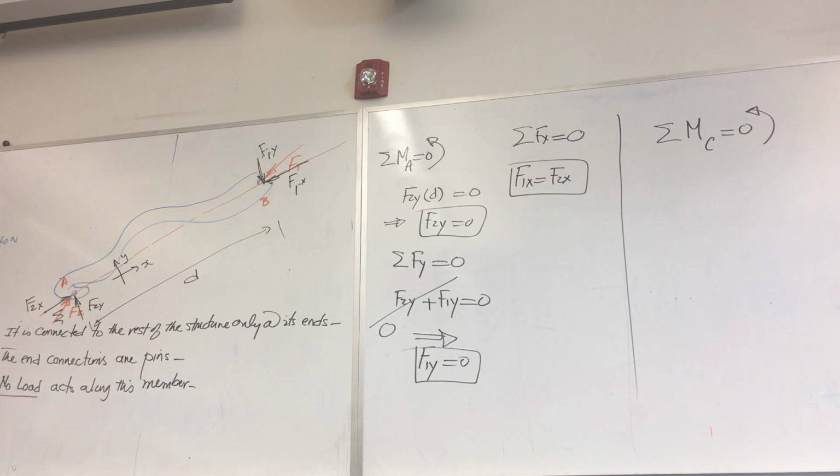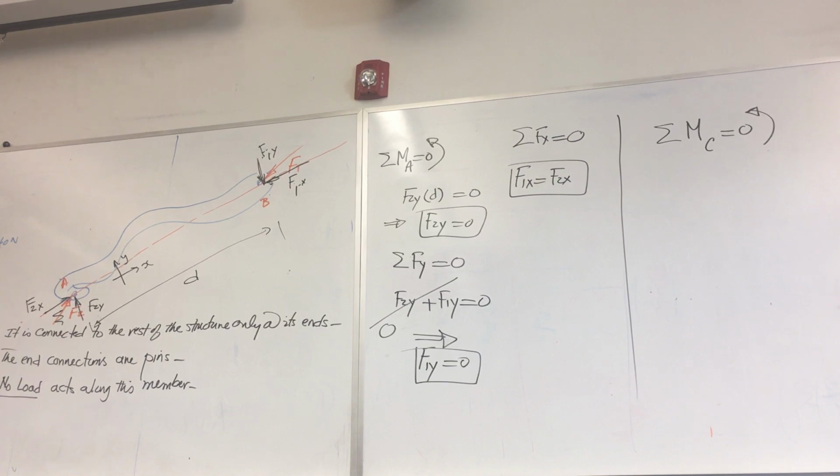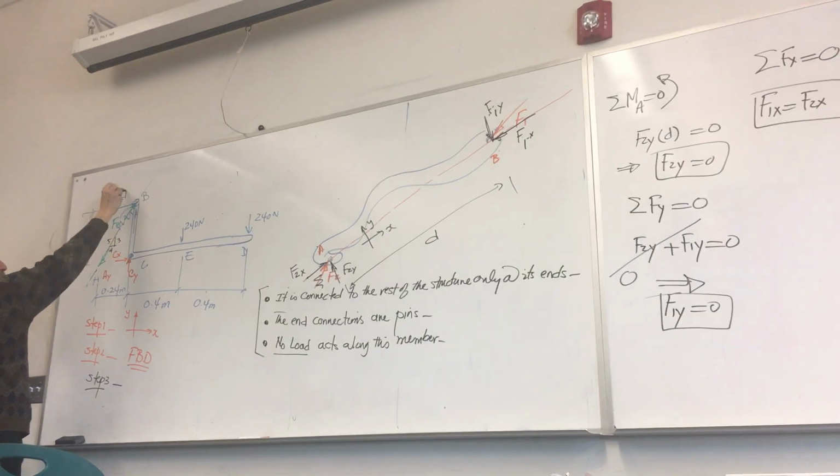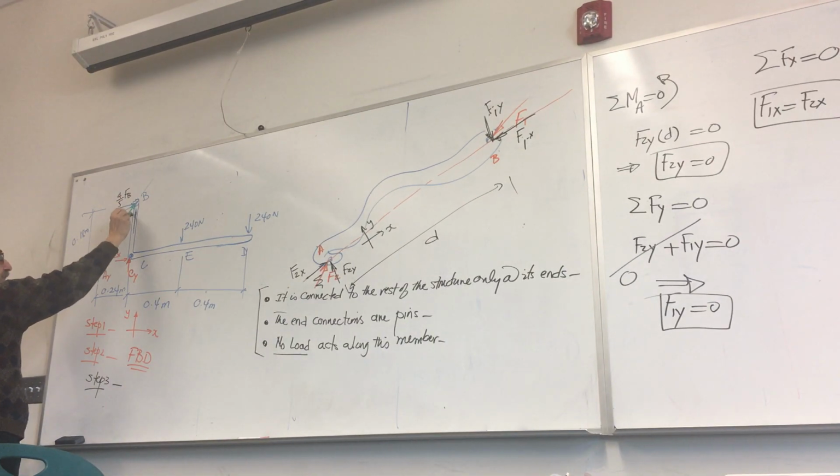So that means I would resolve this to its components. The slope here, given this point 18, this point 24, would be 3, 4, 5. So this would be 4/5 of FB. This is 3/5 FB.